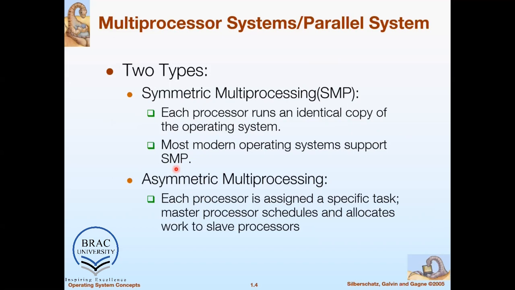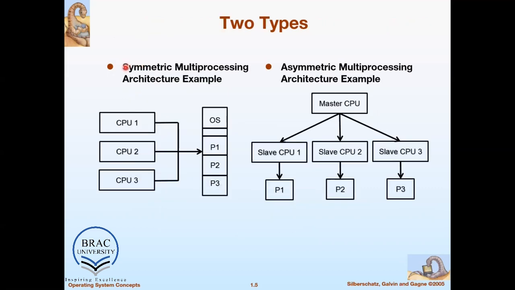It means that all processors are peers. Here CPU1, CPU2 and CPU3 denote the different processors in a system, and P1, P2, P3 denote the processes that have to be executed. All the CPUs are similar to each other and all participate in performing the processes P1, P2, P3. All the CPUs being involved in all the tasks is known as symmetric multiprocessing.